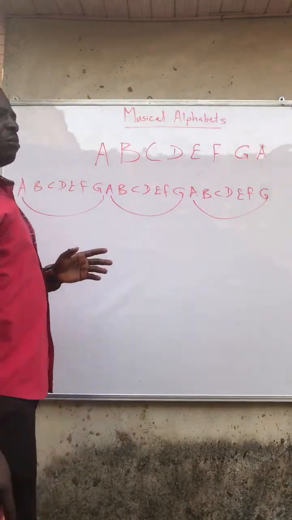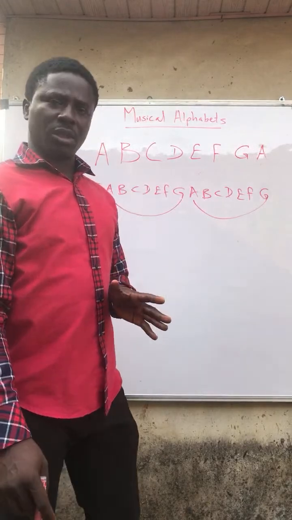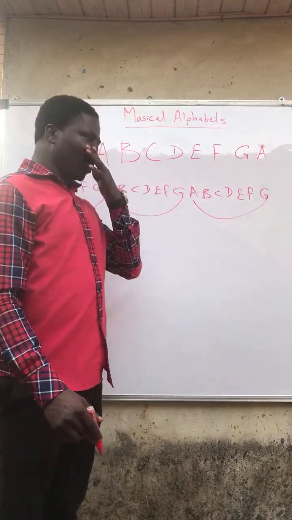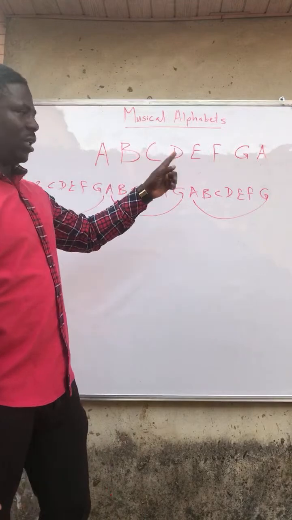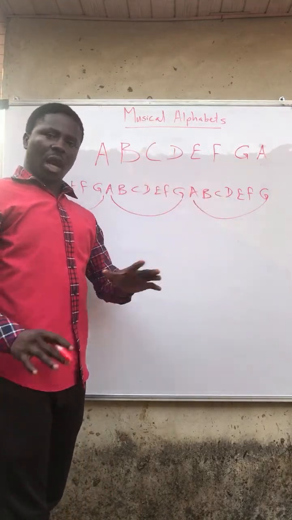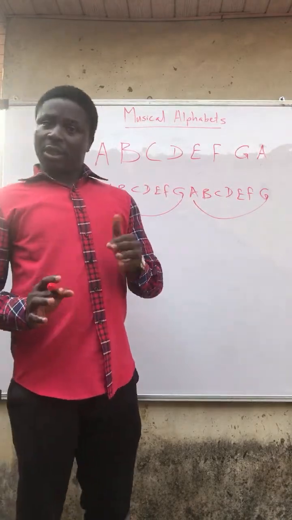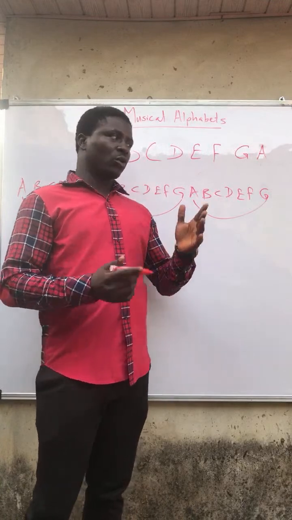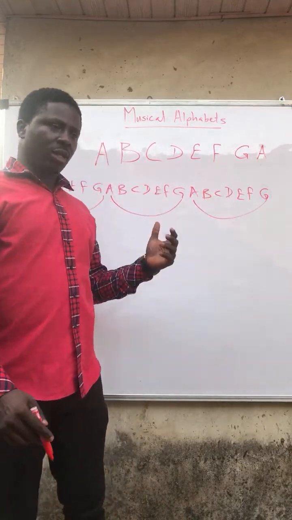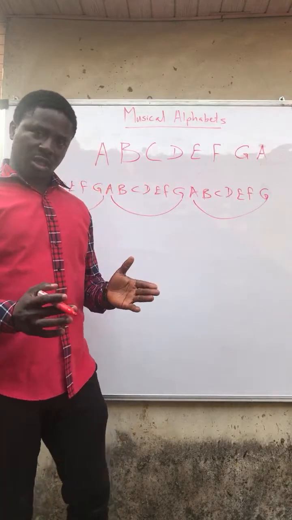So music has seven alphabets, A to G, and after G you start again from A. I hope you understand that. This is where to start if you want to learn how to read a piece of music. You must understand the alphabet.